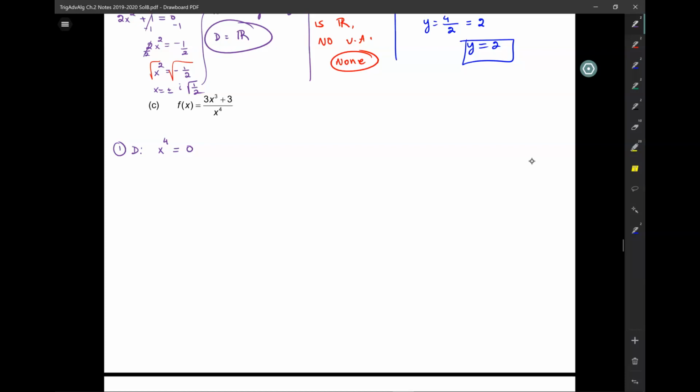We can take the 4th root of both sides. And so here we get x equal to 0. No matter what, you take the root of 0, it's 0. So the domain is all real numbers minus 0.